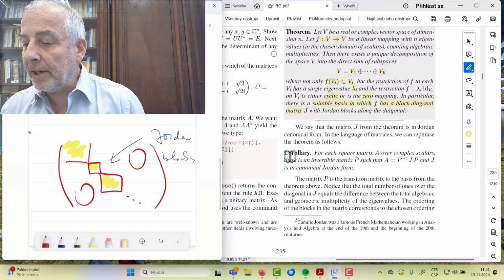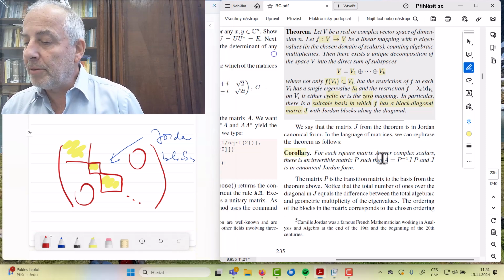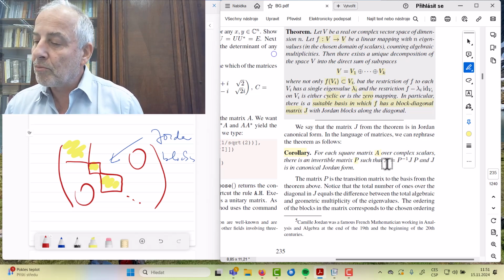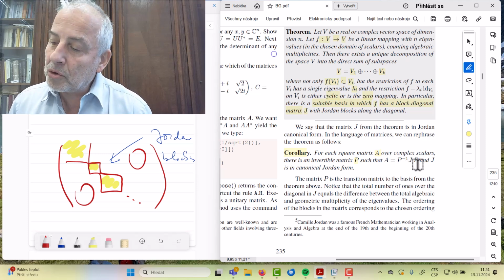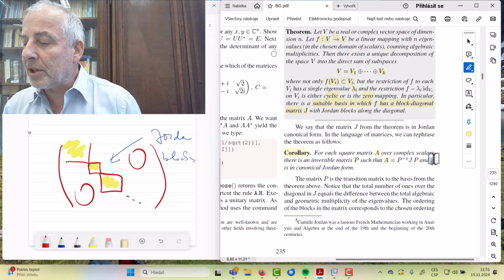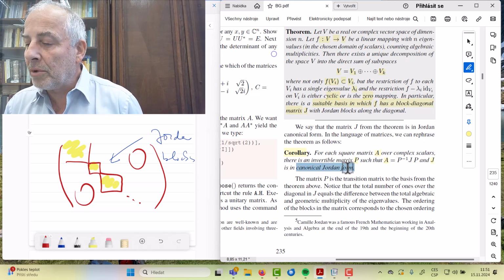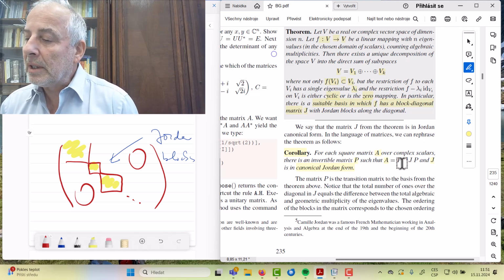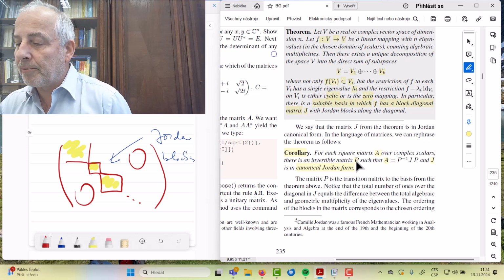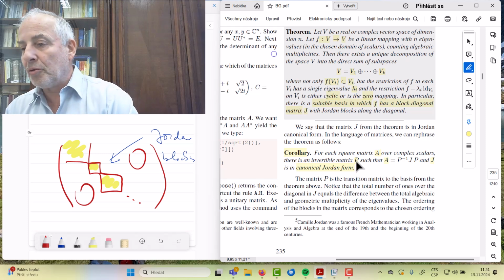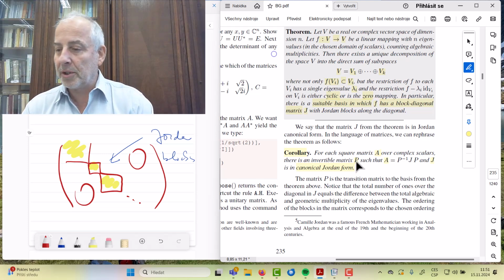As a corollary, of course, we see that for each matrix over complex scalars we can find an invertible matrix P such that A is obtained from a Jordan canonical form matrix, the one with these Jordan blocks on the diagonal, via conjugation with P. P is then, of course, the transition matrix to another basis where you would get the canonical form.